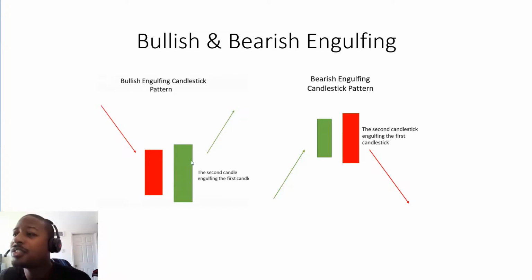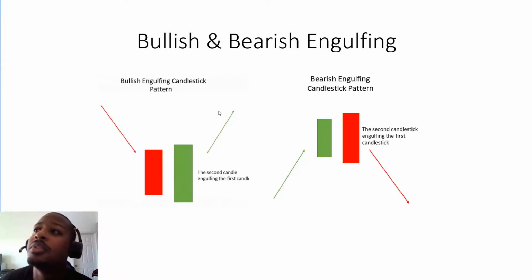That's considered a bullish engulfing, and this is signaling that hey, buyers have stepped in, and this might cause a reversal in the price action of the security that you're looking at. And quite the opposite with the bearish engulfing. You've had a consistent uptrend, and now it could be signaling that it's time for the trend to reverse and pull back some.